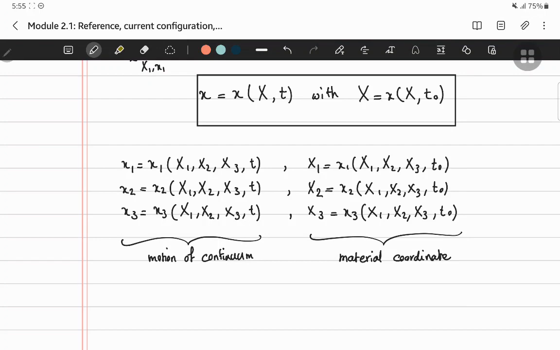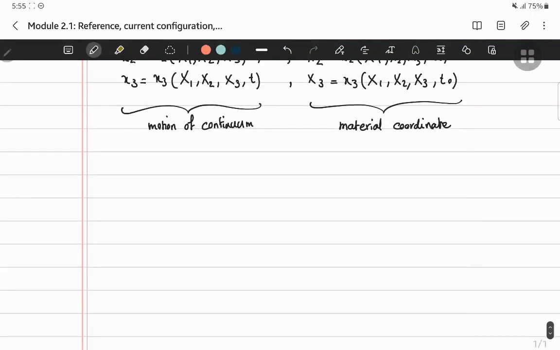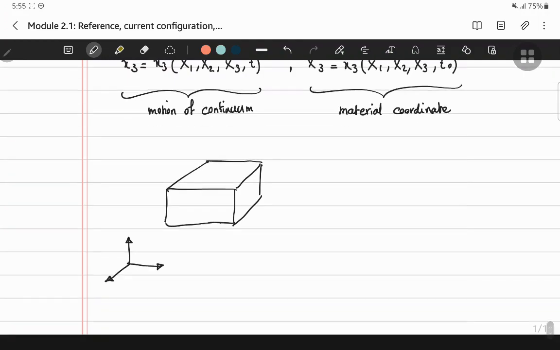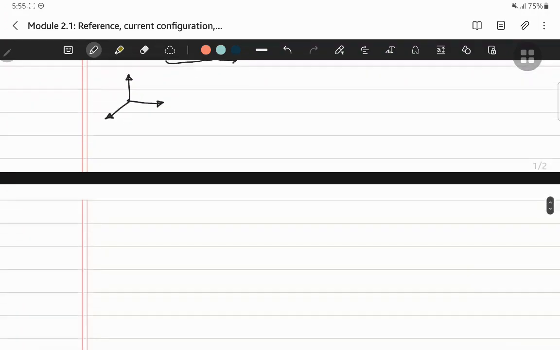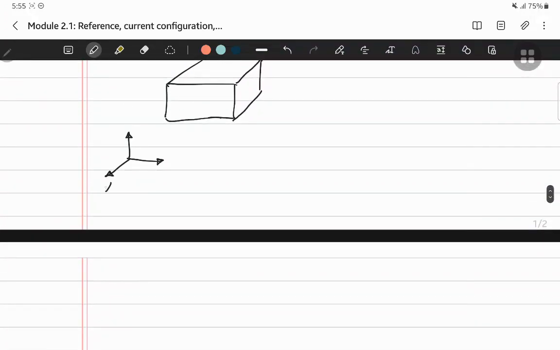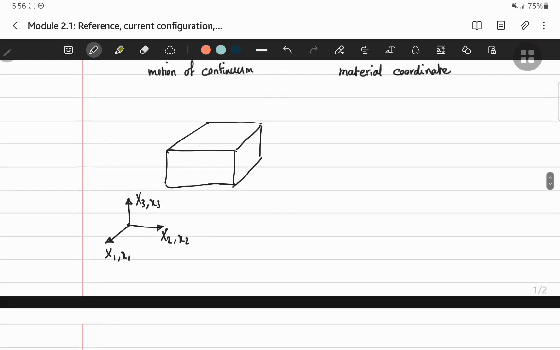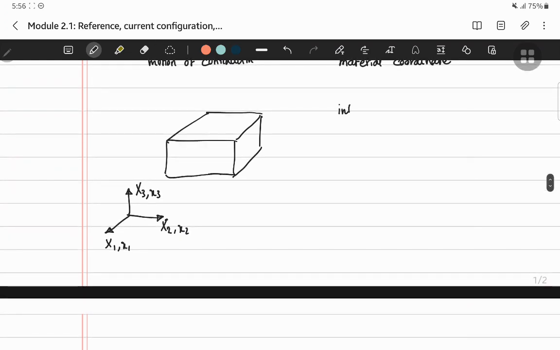So let's clear this out. So suppose you have a kind of initial condition like this. So you have x1, x2, x3. And this is your initial, or let's say, reference configuration.